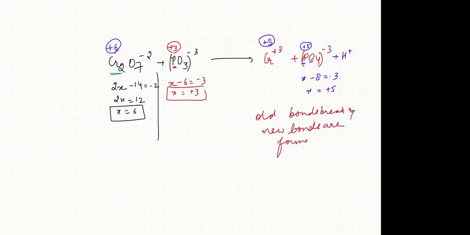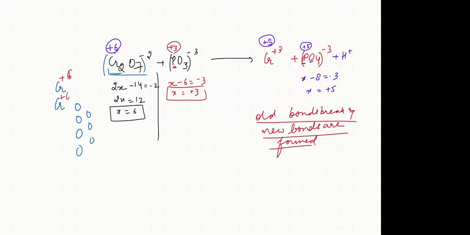And whenever the old bonds are breaking and the new bonds are being formed, understand that when the Cr2O7 -2 radical breaks, it is giving itself with 2 chromium and 7 oxygen. So every chromium comes out with a +6 charge, and every oxygen comes out from this radical with a -2 charge.